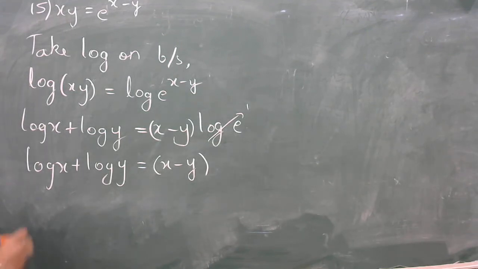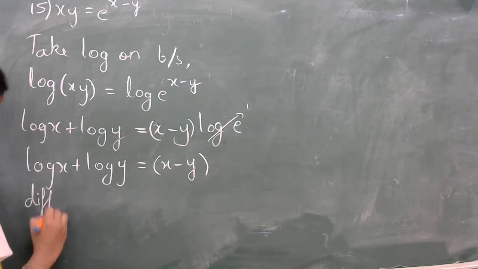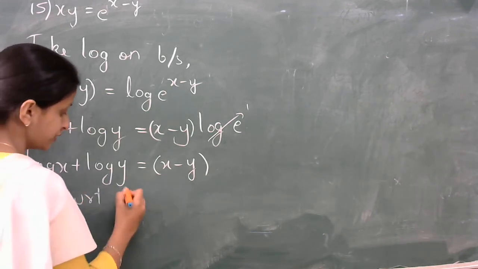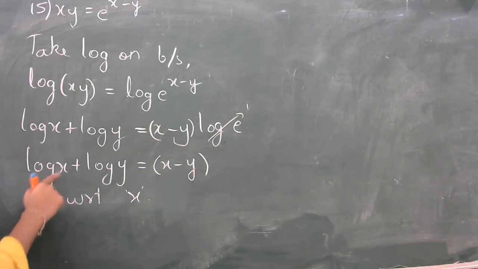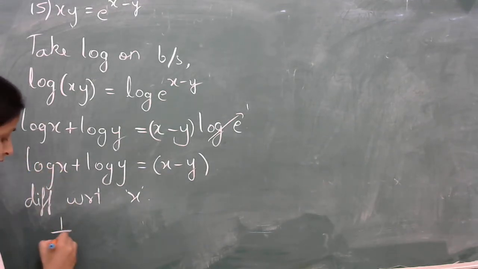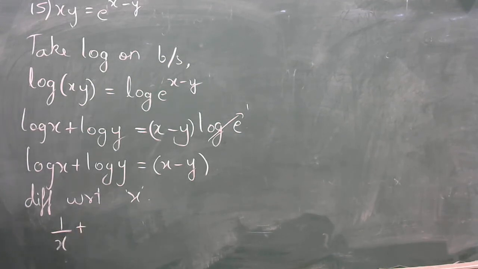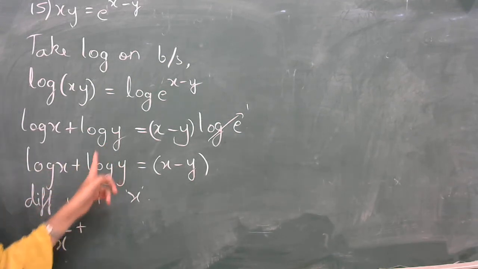Right? Now we are going to differentiate it with respect to x. We are going to differentiate this whole thing with respect to x. So observe here. Here it is in terms of x. So differentiating with respect to x, what you get? Simply it will be 1 by x. But here it is log y.